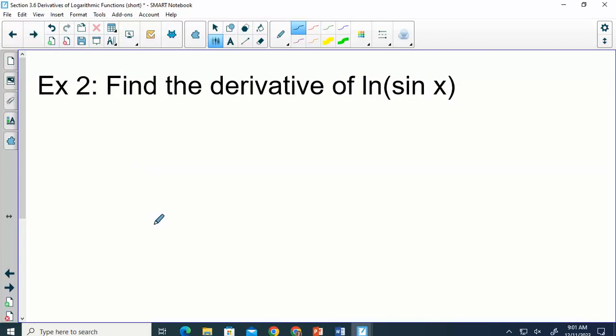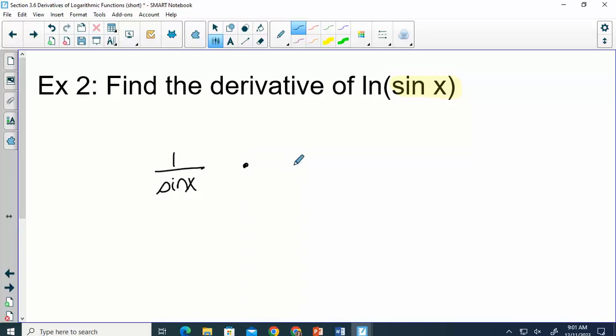Derivative of the natural log of sine x. So, natural log, that always has to have an argument. My argument is sine. So what's the derivative of a natural log? 1 over the argument. But we have to do chain rule here.